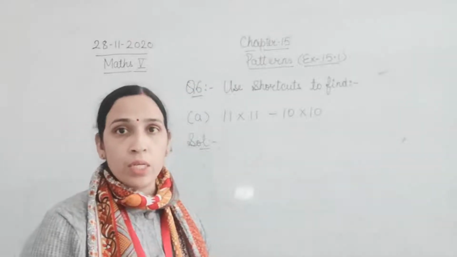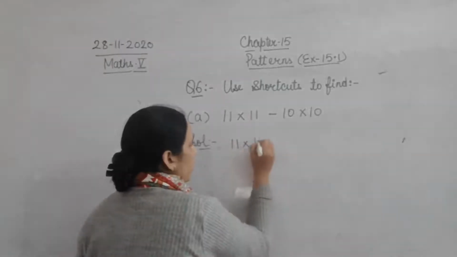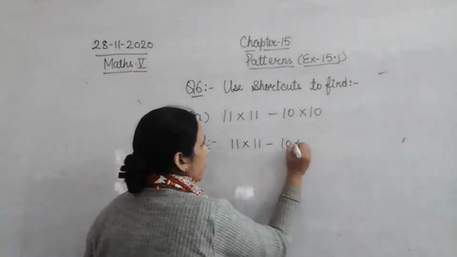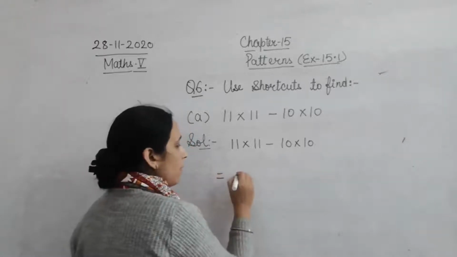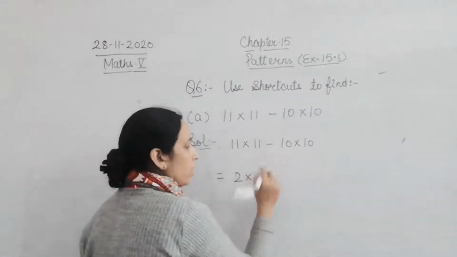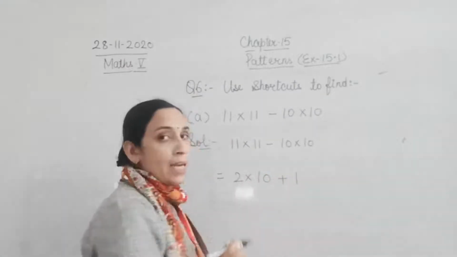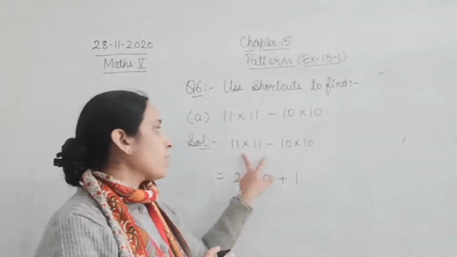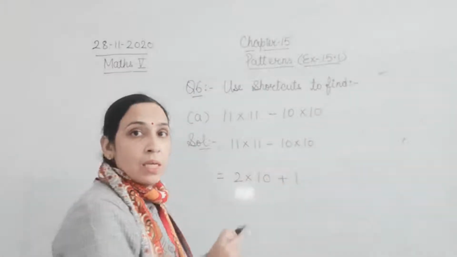Here the shortcut for 11 into 11 minus 10 into 10 is: you multiply 2 by the smaller number, that is 10, plus 1, and that will be your answer for the difference of squares of these two numbers.